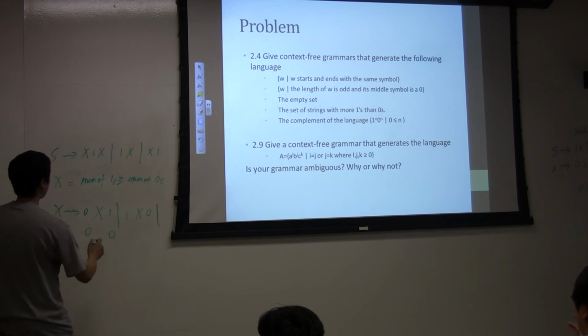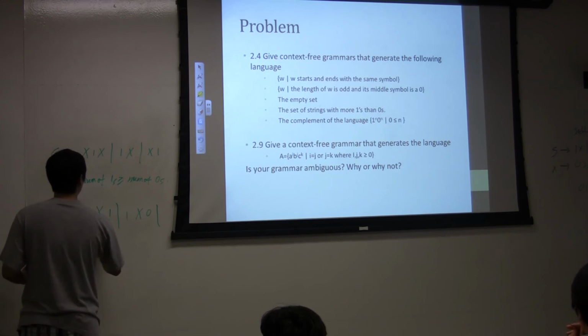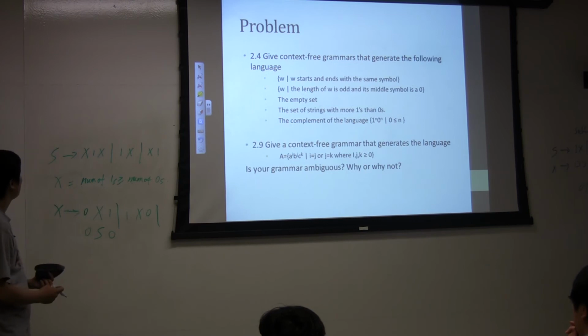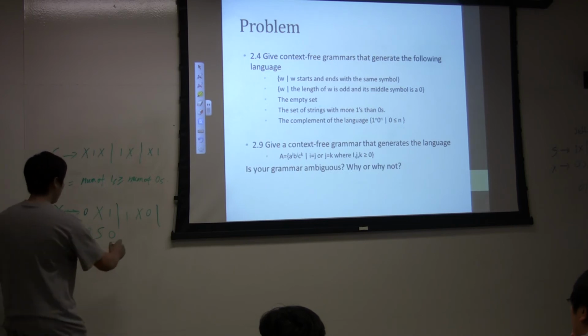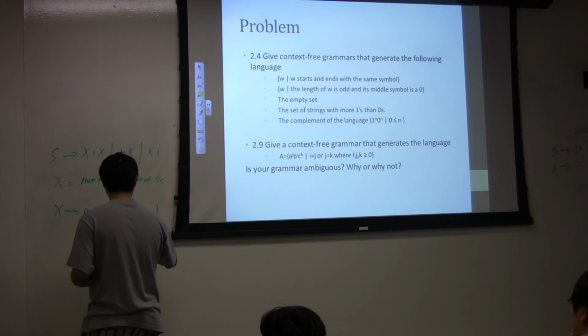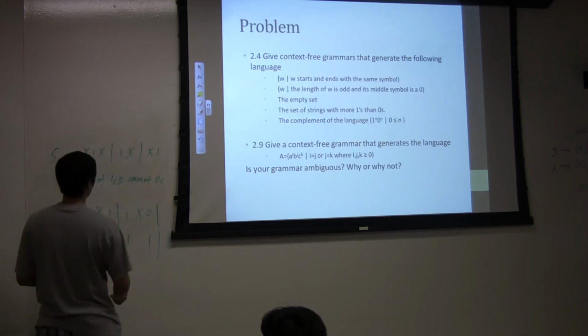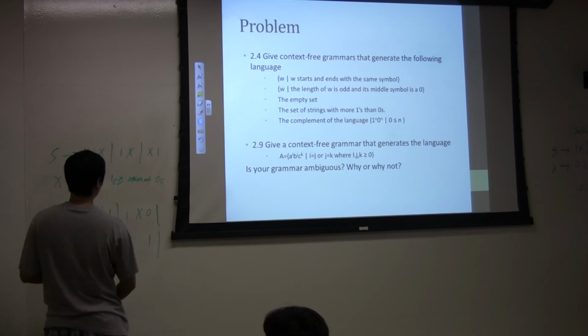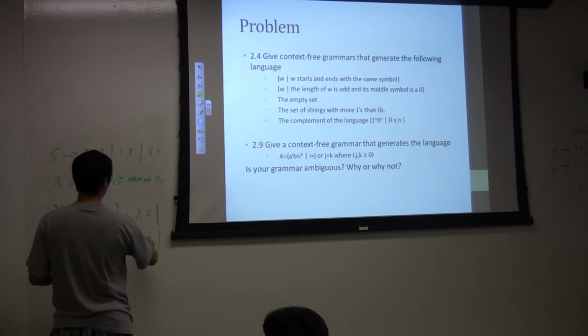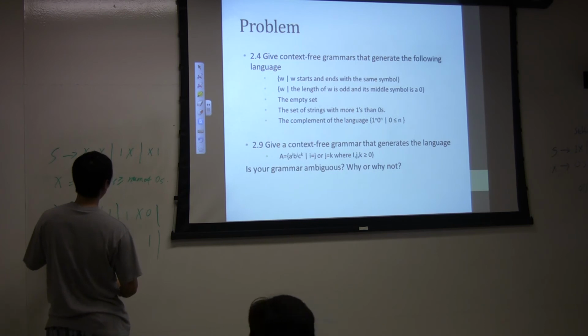Then there must be more ones than zeros in between. For the one that starts with 1 and ends with 1, no, this will make it more complex.